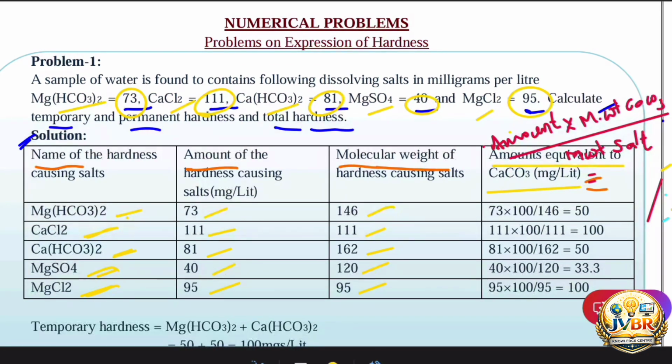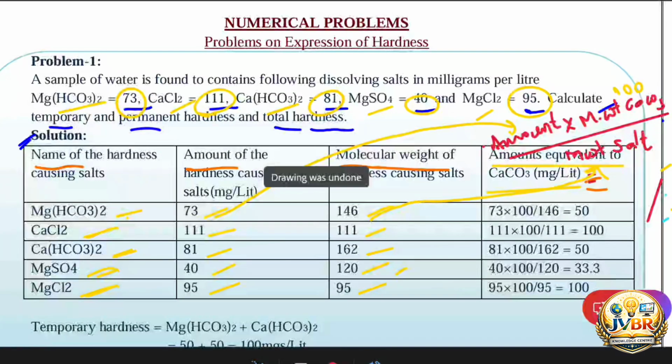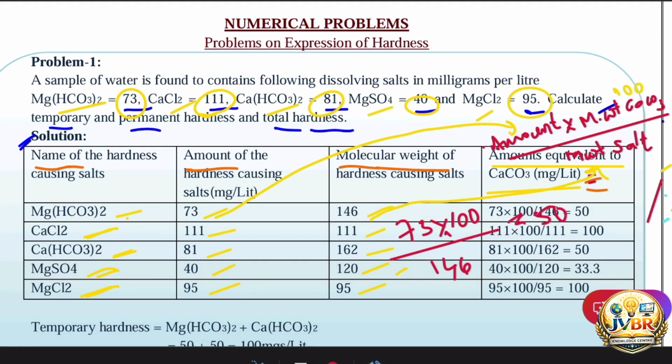Coming to the first salt, magnesium bicarbonate. Weight of the salt is 73, molecular weight of calcium carbonate is 100, and molecular weight of magnesium bicarbonate is 146. Now this formula will be 73 into 100 by 146. We will get 50.